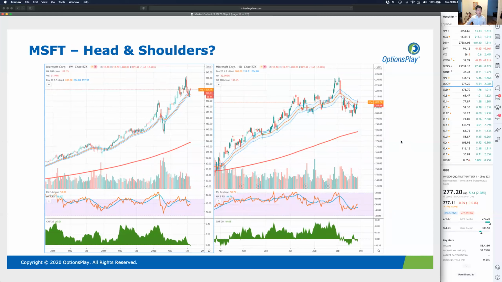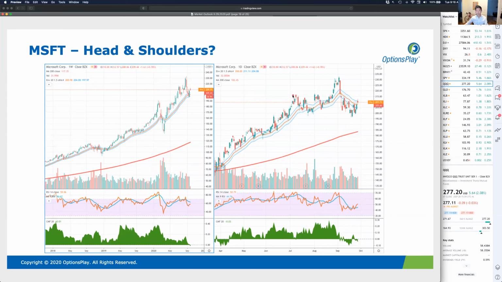So what I wanted to do from an ideas perspective is not just necessarily show you the ideas, but also give you an idea as far as how I'm thinking about the major stocks that drive some of the US economy and the major indices.